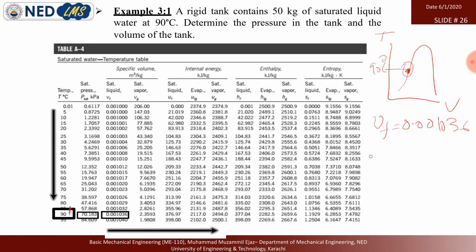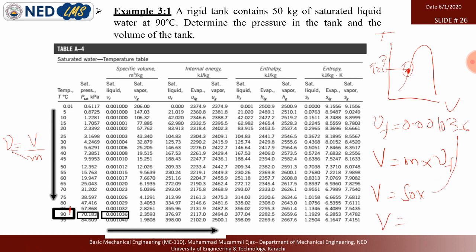And we know that the actual volume is mass times specific volume. We know that specific volume is simply volume divided by mass. So for calculating the actual volume, we multiply mass with specific volume, and the mass is 50 kg. So simply 50 multiplied by this, we get the answer.